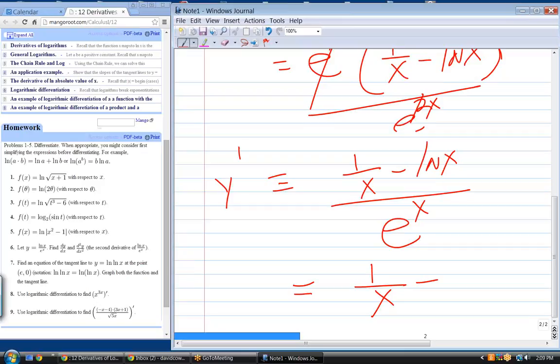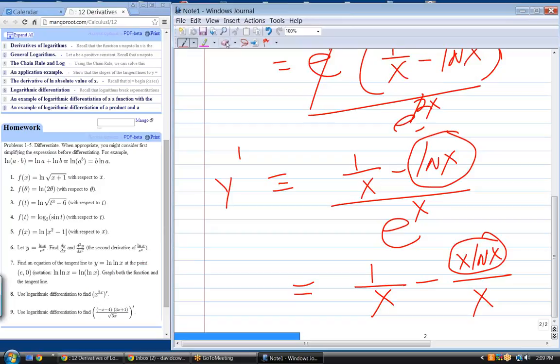What is the common denominator going to be? It would be x. Right. So what does this numerator have to be such that I don't change that? The natural log of x squared? Not quite. It's x natural log of x.